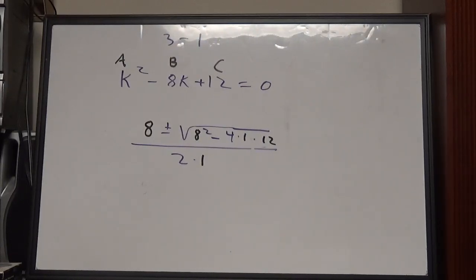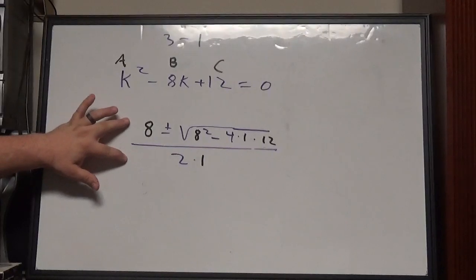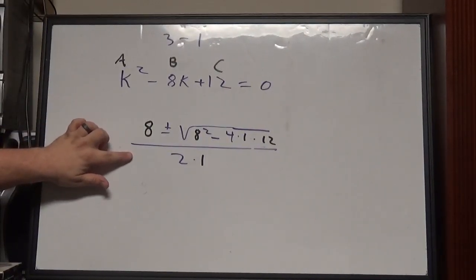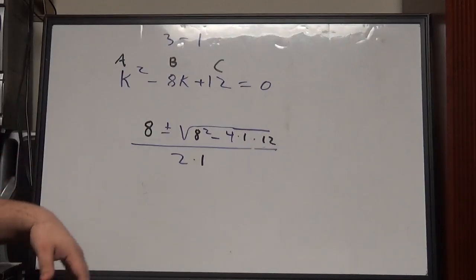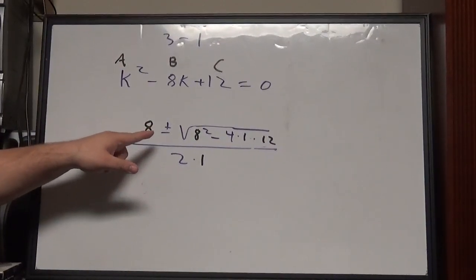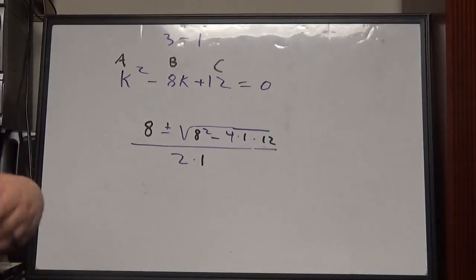You can put 8 plus square root of 8 squared minus 4 times 1 times 12. On the bottom of a fraction, I suggest always hitting your fraction button, which puts that on top, and on the bottom put 2 times 1. Hit enter and it'll give you an answer. Then do the same thing with 8 minus the square root.